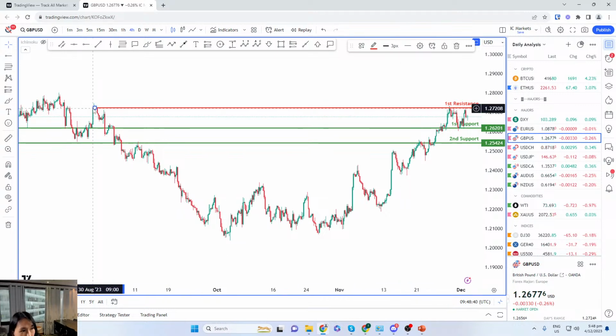And this seems like quite a good first resistance level. It's pullback, and there's another pullback over here.